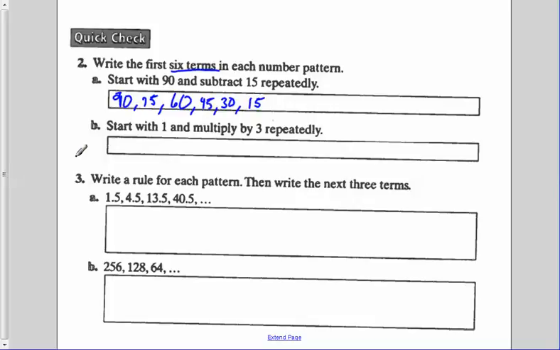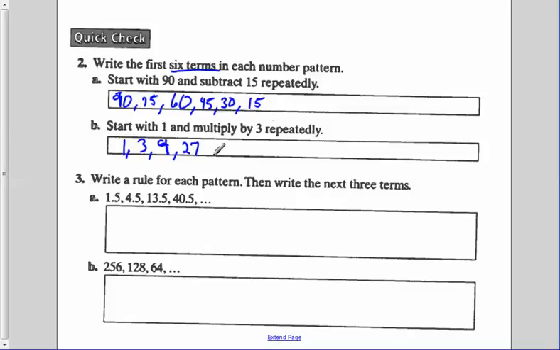Alright, now for B, I start with 1, and I need to multiply by 3 repeatedly. So start with 1, and then I multiply by 3, and I get 3. Then I multiply by 3, and I get 9. I multiply by 3, and I get 27.